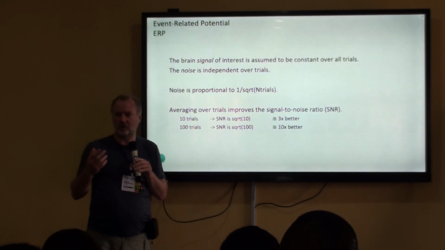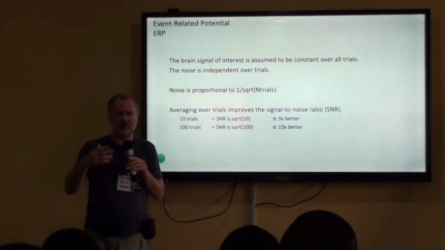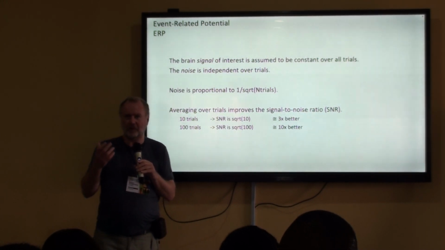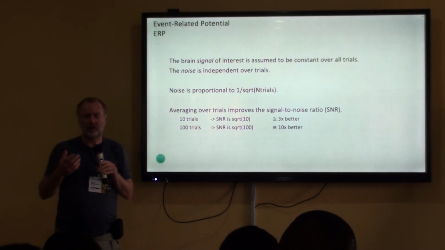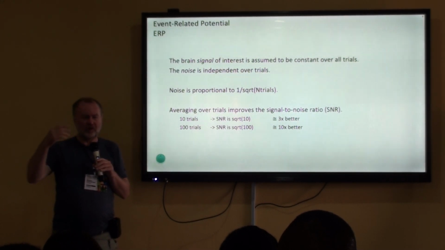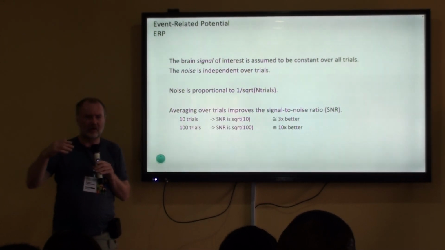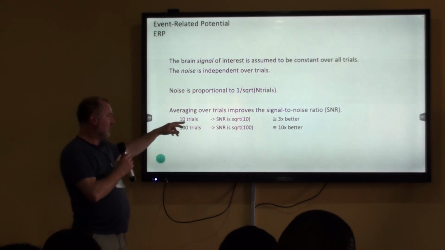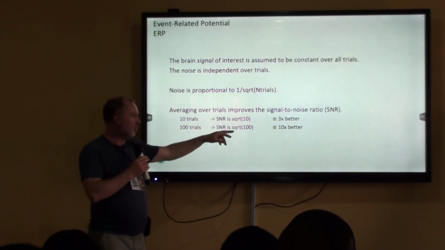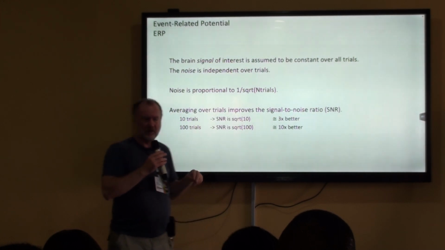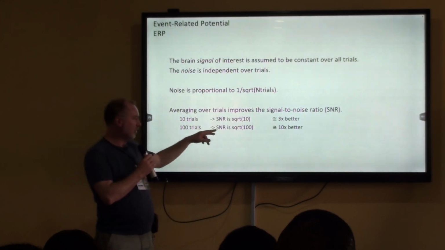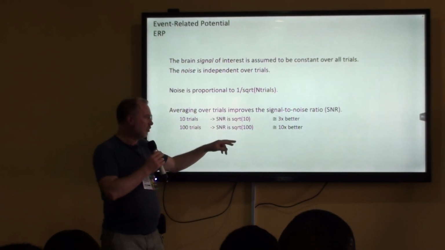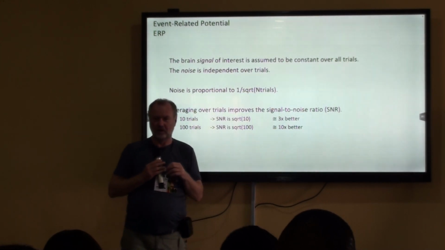But typically the noise is a factor of 10 times the amount. Typically the signal to noise ratio is about like 1/10. So the noise is 10 times larger than the signal. So with 10 trials, the signal to noise is only 3 times better. With 100 trials, the signal to noise is the square root of 100, which means that it's 10 times better.